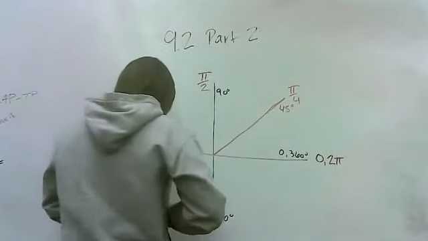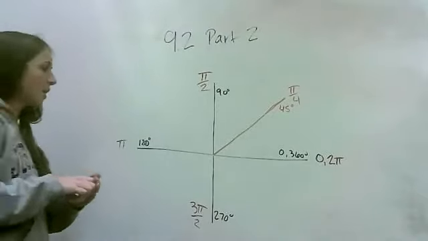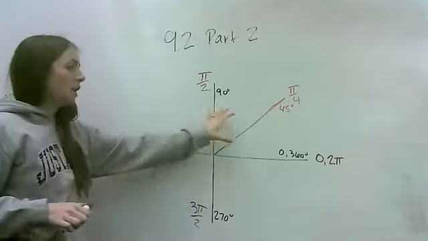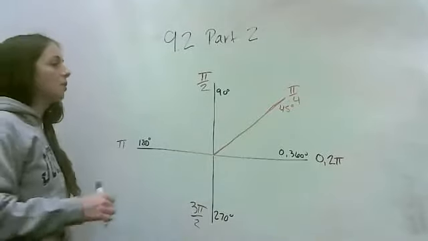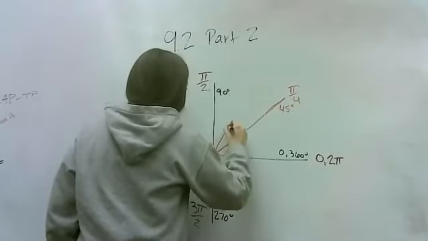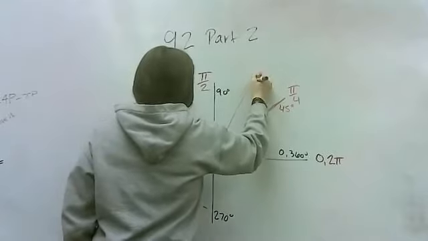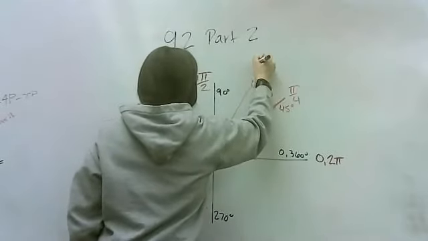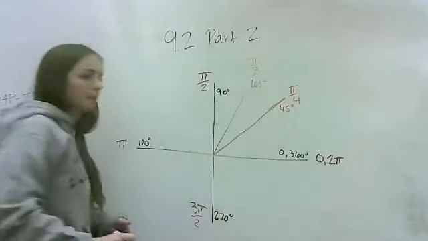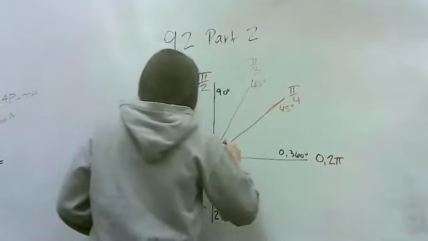Some other measures that are definitive on our unit circle come from cutting our entire top half into thirds. Thirds would be right here, representative of 60 degrees, or pi over 3.